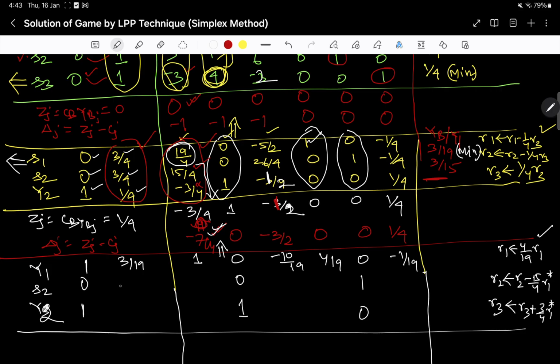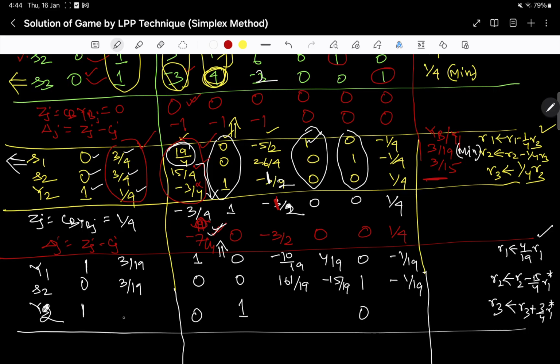So this row will be 3 by 19, and since this is by default, this calculation will give you 0, and this row will give you 161 by 19, minus 15 by 19, and minus 1 by 19.